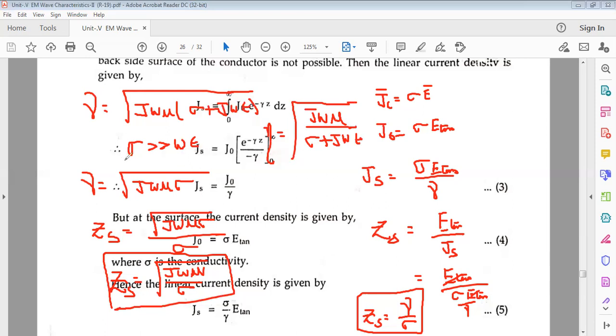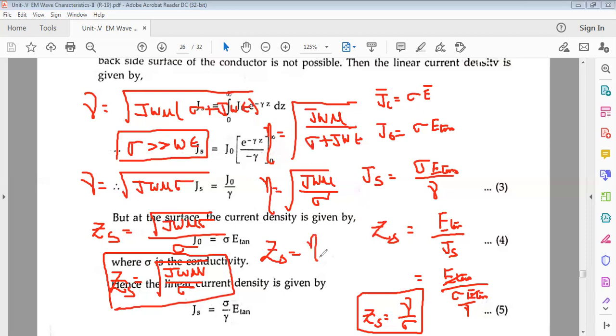As the conductivity is more compared to the dielectric, eta is equal to under root of j omega mu by sigma, because I am eliminating the omega epsilon compared with the sigma. So now see here, j omega mu by the sigma is the same in both. ZS is equal to eta. The surface impedance is equal to the intrinsic impedance.